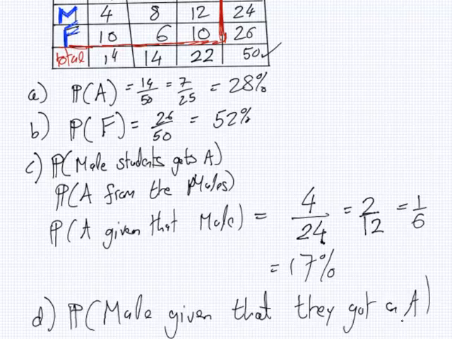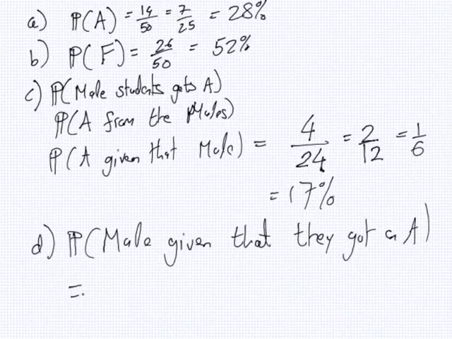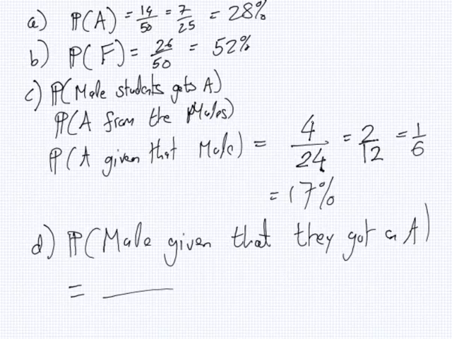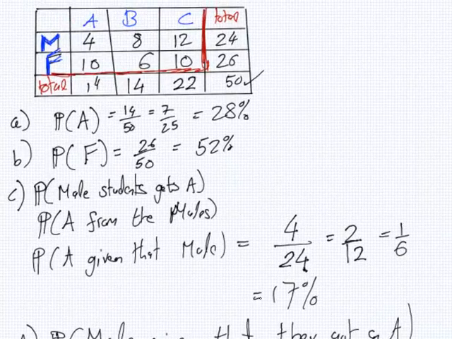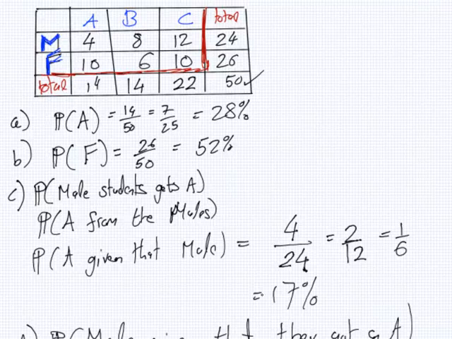Is that the one you're thinking of? Yeah? What is it? The probability that the student is male, given that you know they got an A.